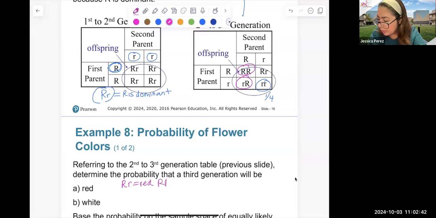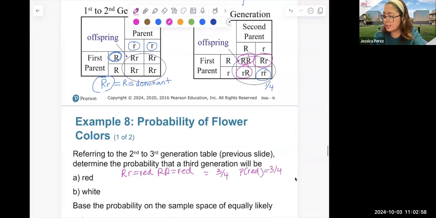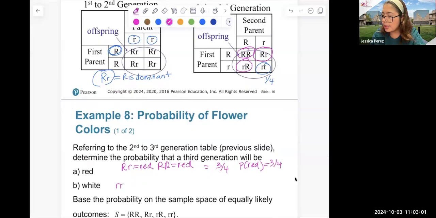And big R big R will also give you a red. So how many do you have? You have three of those. So 3 out of 4 would be your probability of getting a red. The probability of getting a red on the second to third generation is 3/4 or 75%. Getting a white is when you get the two little r's, and that is 1 out of 4.